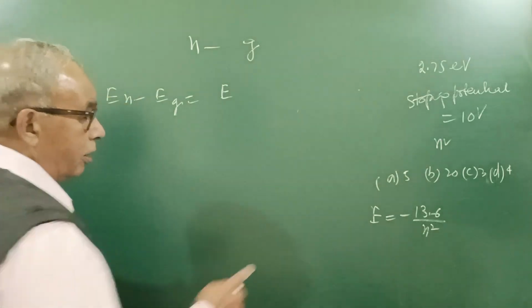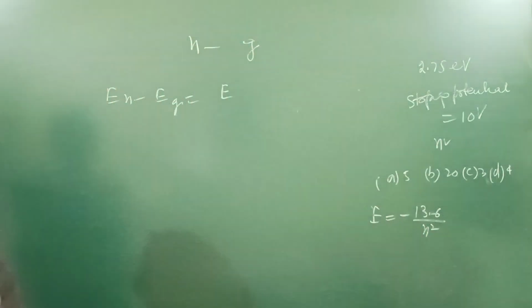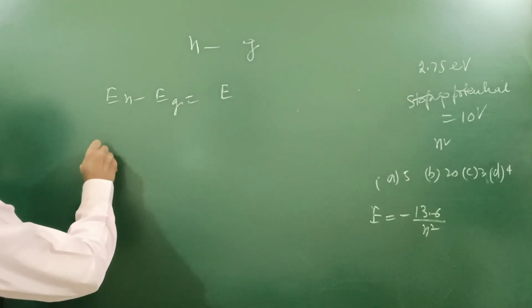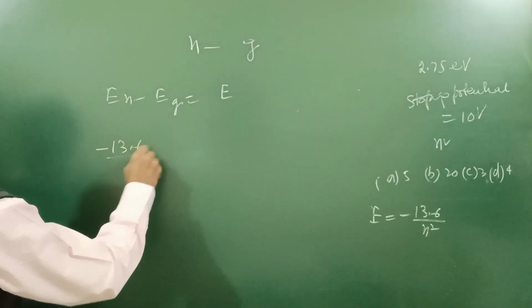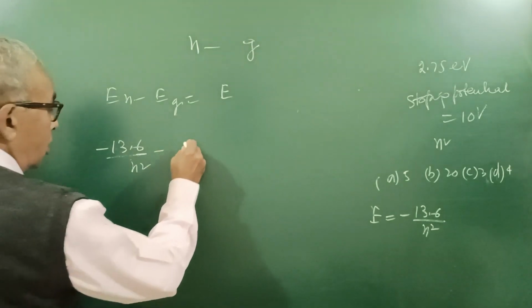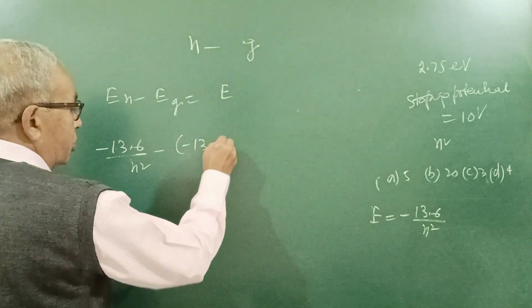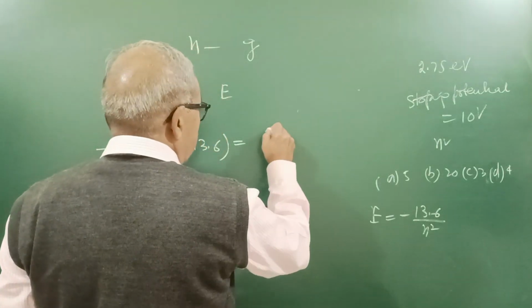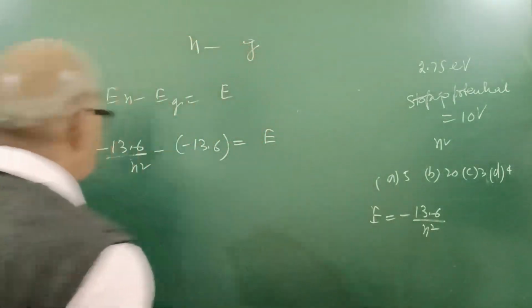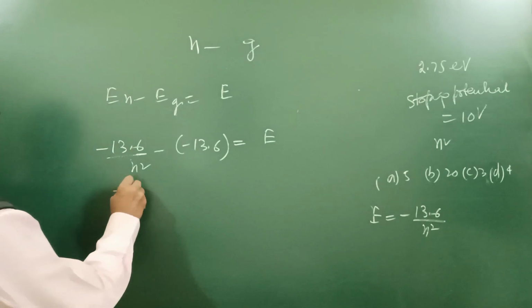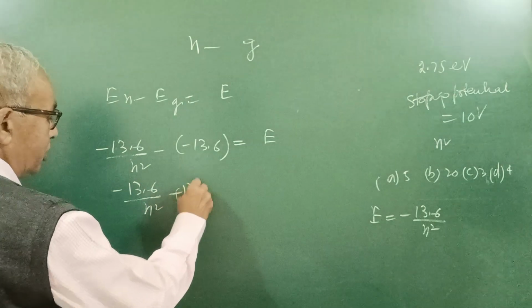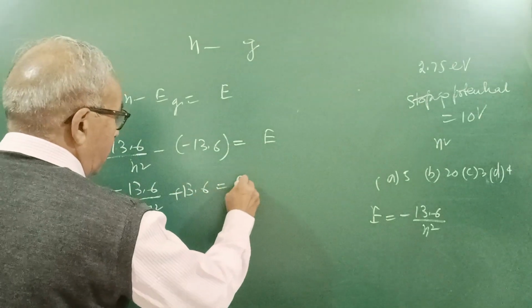In the ground state n equal to 1, so minus 13.6. So here minus 13.6 upon n square minus (minus 13.6) is equal to the energy of photon, or minus 13.6 upon n square plus 13.6 is equal to E.